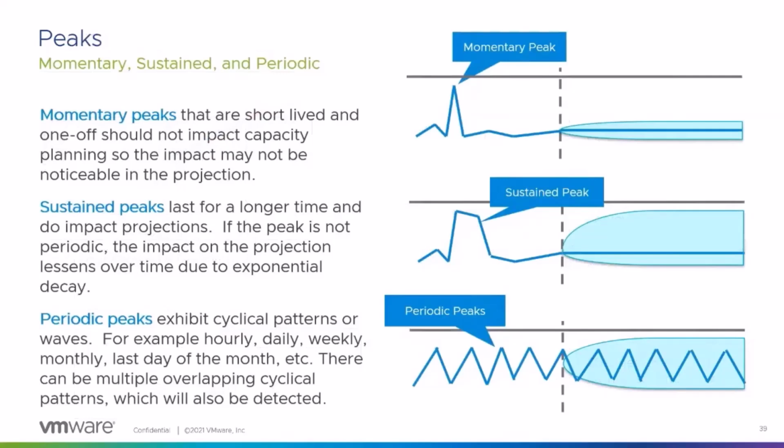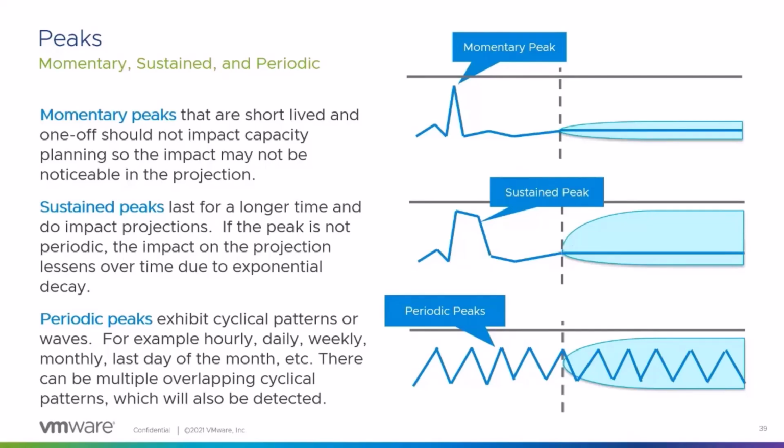So the next thing is talking about peaks. There are a lot of different kinds of peaks, and a lot of questions come up: how are peaks handled by the system? How do they affect my projections? I've classified them into 3 different kinds of peaks. There's one that I'm calling a momentary peak. This is a short-lived peak.